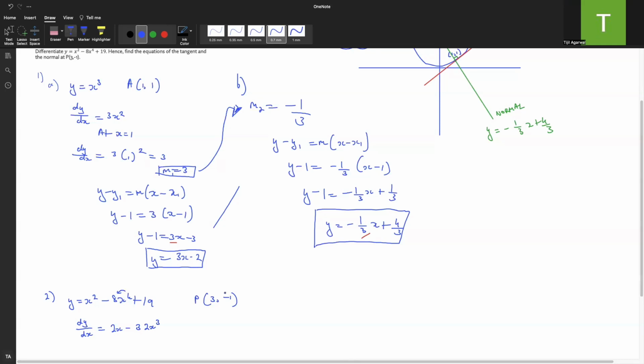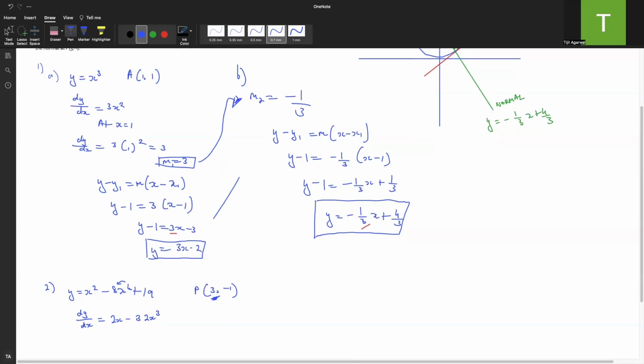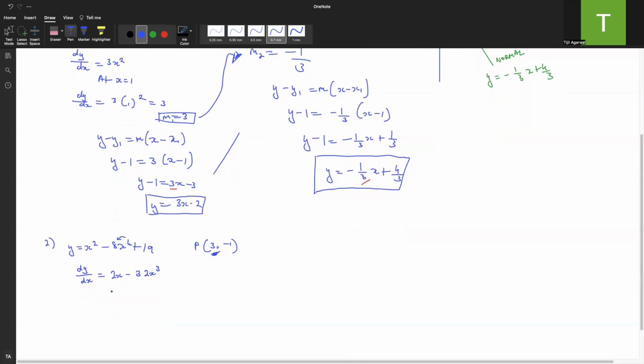Now we want to find the equation of the tangent at the point (3, -1). So let's sub in this x value to figure out what our gradient is going to be at x is equal to 3. dy/dx is going to equal 2 times 3 minus 32 times 3 squared.